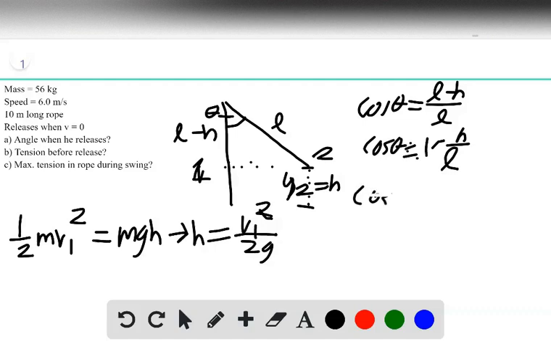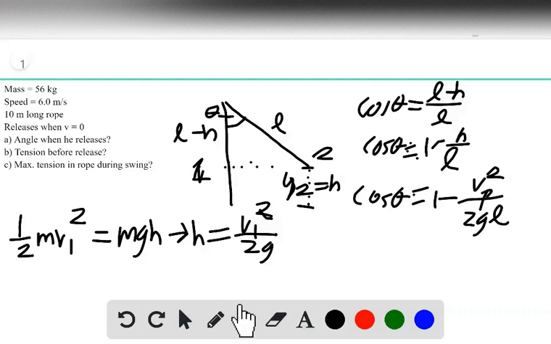So cosine theta equals 1 minus v1 squared over 2gL. All right, and then from there we can solve.